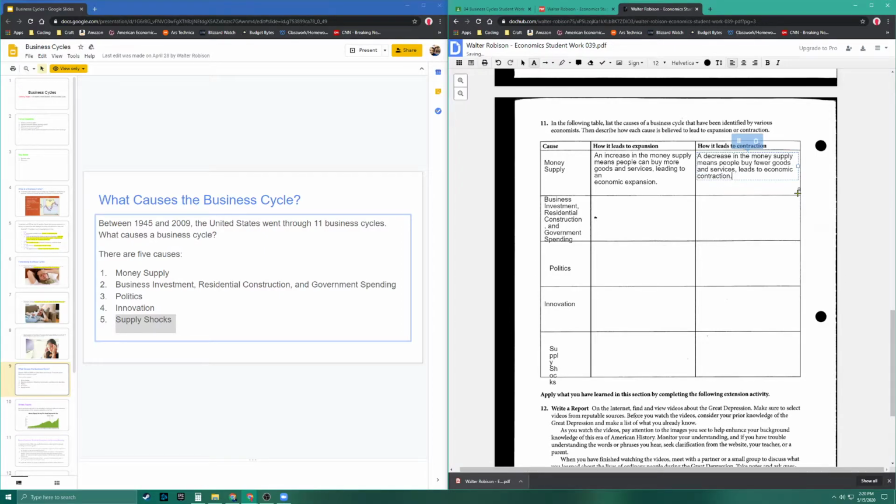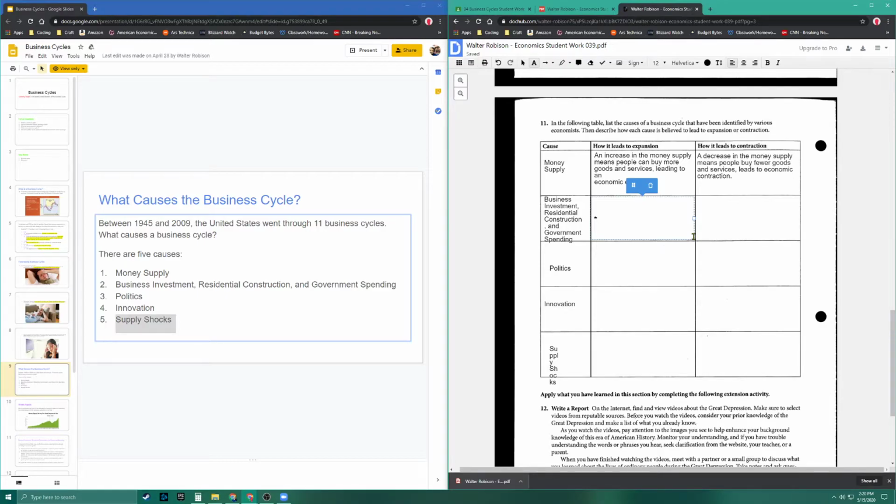And this would also result in another indicator, which is unemployment, right? If people are buying fewer goods and services, this means that suppliers have less to replenish in stock. If you're not replenishing the stuff, that means you don't need the people to make the stuff, so you let them go.